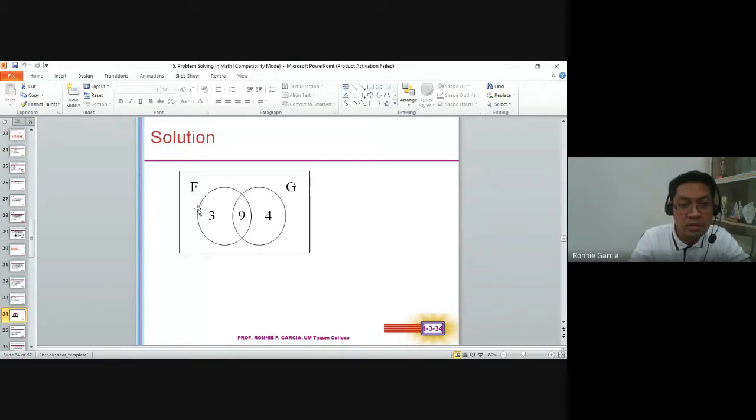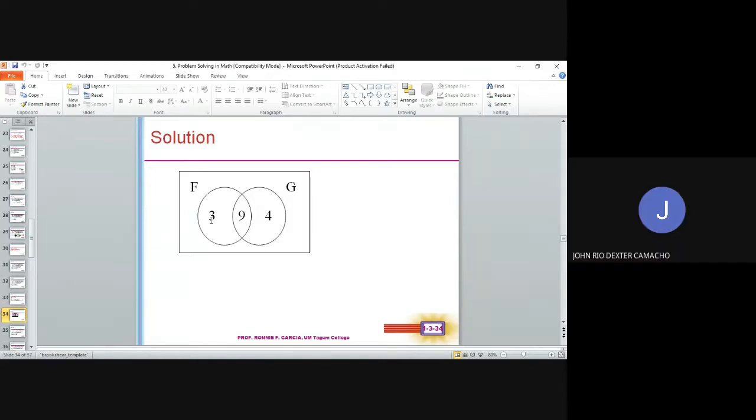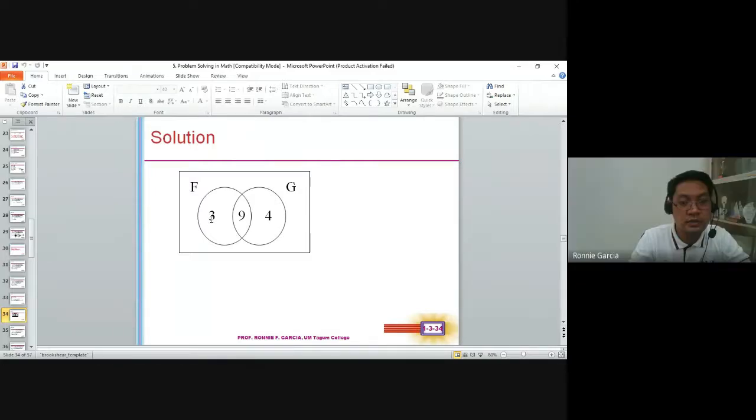Kay 12 lang man to dapat sa Filipino. So what is 12 minus 9? 3. Kaning three, wala na sila laing giapilan kundi Filipino lang jud. So kung i-add tanan, 9 plus 3, sa attendance dito sa Filipino, 12 ka buok ang ning apil.